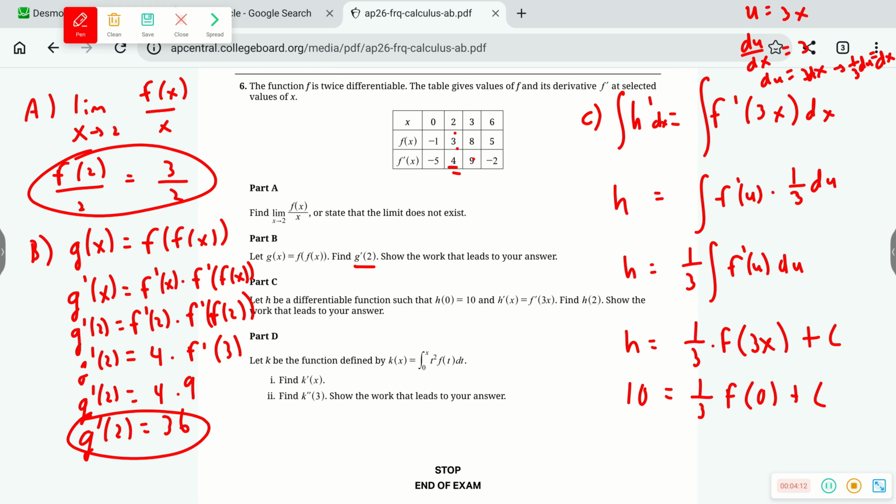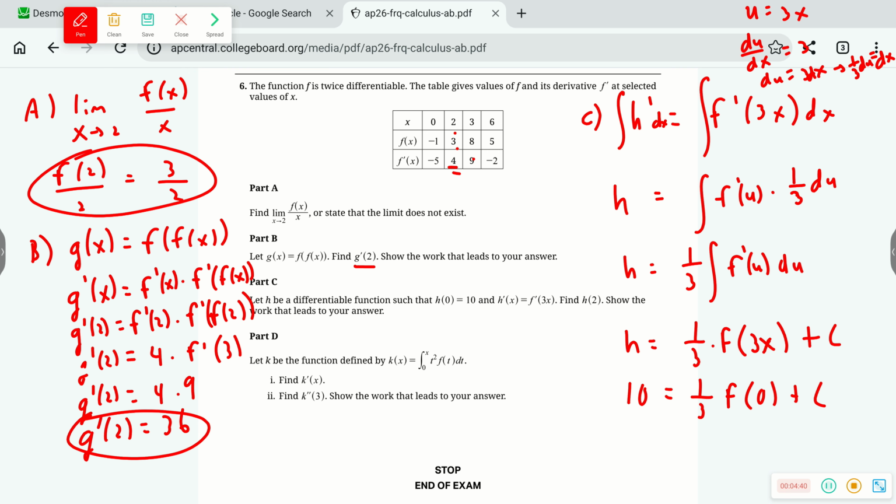All right, so c, therefore, is 10 minus 1/3 f of 0. You know, h of 0 is 10. Think about this for just a minute.